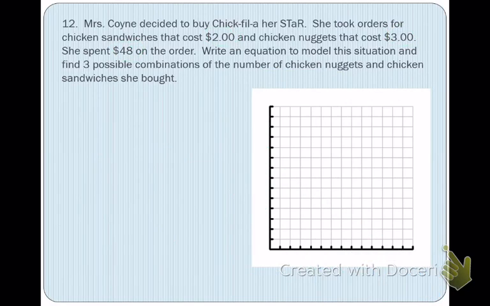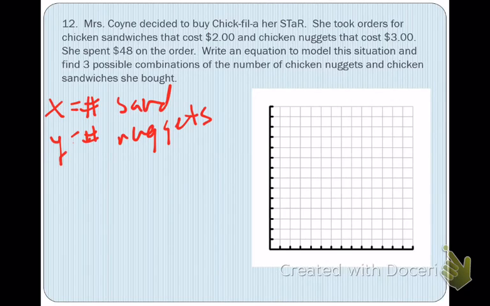All right, so let's do this. Let's back up. So I'm going to let x be the number of sandwiches and y be the number of nuggets. Okay, so how do we get to our total cost of $48? Well, the sandwiches are $2, so I take the number of sandwiches, x, and multiply it by 2 to find the total cost from sandwiches.